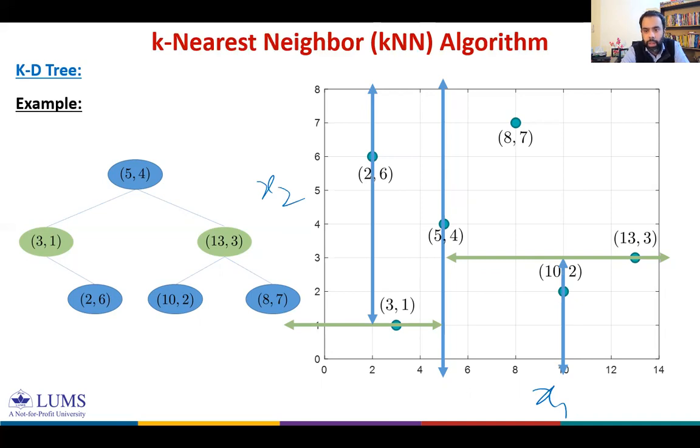So what's the basic idea? The root node splits into left and right by x1, right? And when we have these odd depth partitions, we are splitting into up and down. So we're getting left and right at even depth partitions, and we're getting up and down at odd depth partitions.